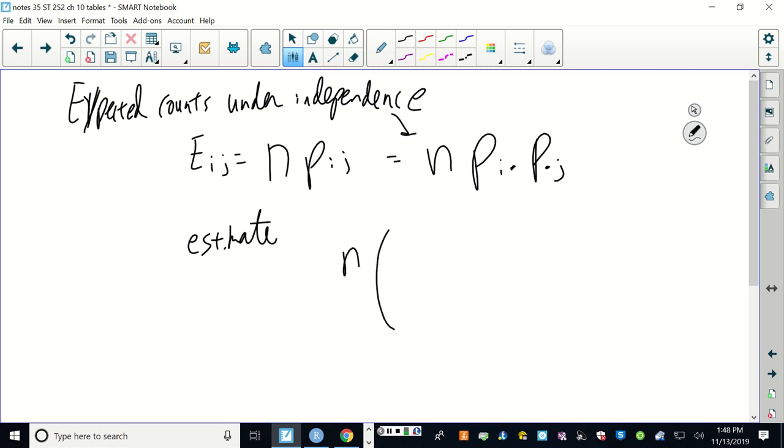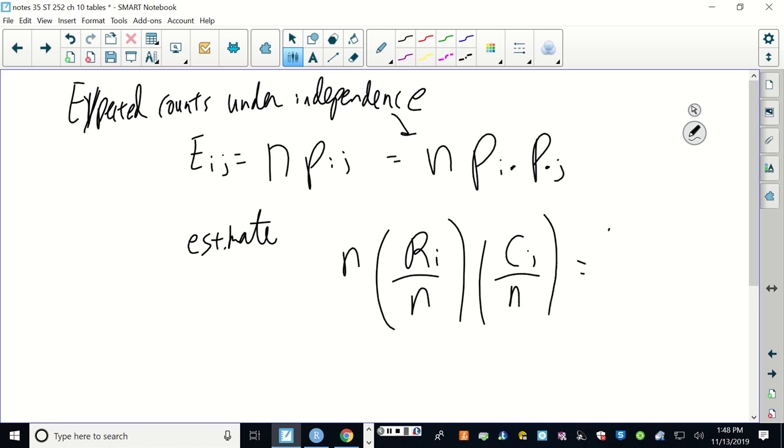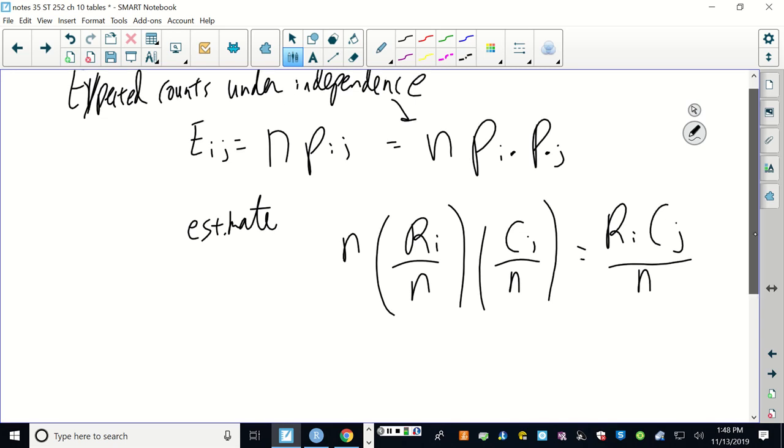We're going to estimate the probability of being in that row by the count across the row divided by n. And the chance that you're in column J is the number of people in column J divided by n, and one of those n's can cancel. So it's often presented like this, which sometimes can hide the fact that it's n times two probabilities that are being estimated, right?